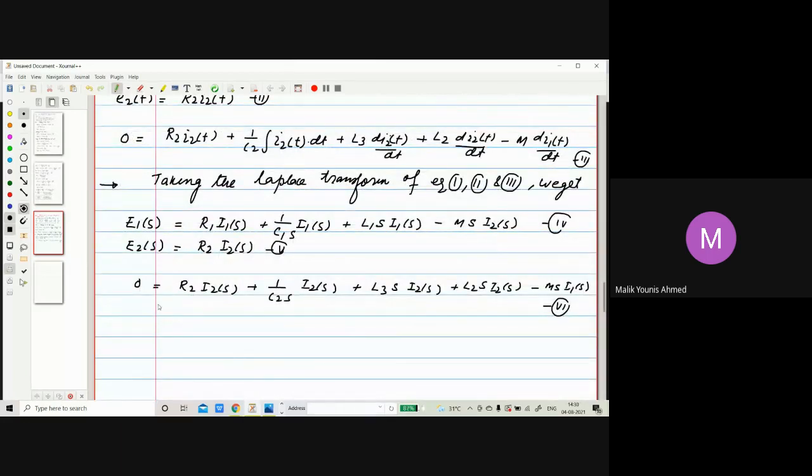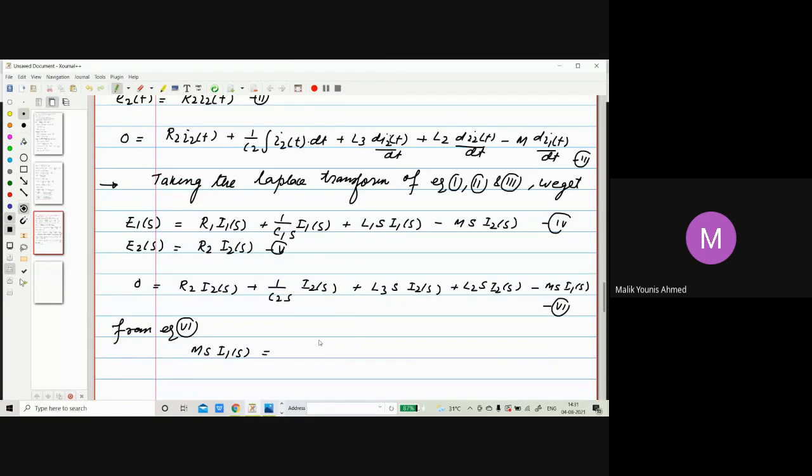Now from the last equation, equation 6, what we can write. We can take this M s I1 of s on one side, because again the aim is to eliminate the currents. See, this is the beauty of these questions. Everything has to be represented in terms of the circuit elements, whether active or passive, but you have to avoid the currents. So we have to isolate these currents here and then get the values.